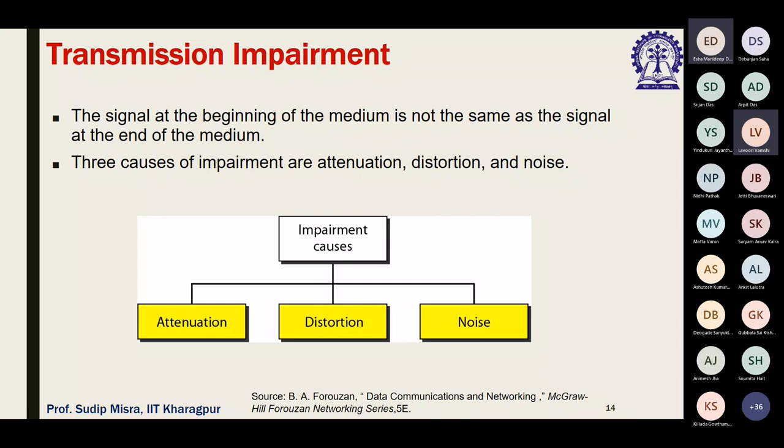Essentially, the signal at the source and the signal that is received at the destination through the channel are not going to be the same. The signal is going to be affected in different ways. What are these impairments? One is attenuation, the second is distortion, and the third one is noise. These are the different causes of impairment.